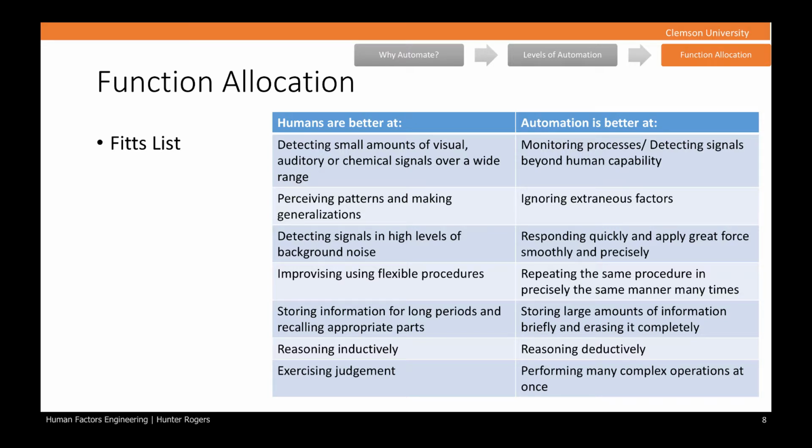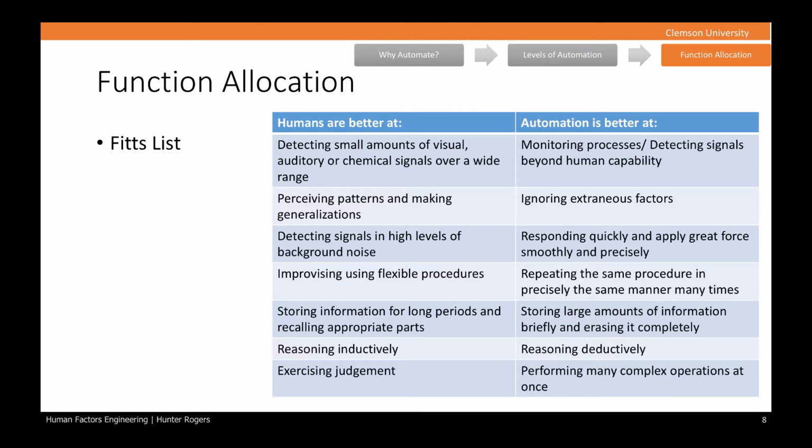Whereas automation is really good at monitoring processes, and detecting signals, ignoring factors. A lot of times as humans we let biases affect our judgment of factors, and automation computers are really good at that. Responding quickly and applying precise force, repeating a procedure in exactly the same way. Like I said, perfect to a fault sometimes.